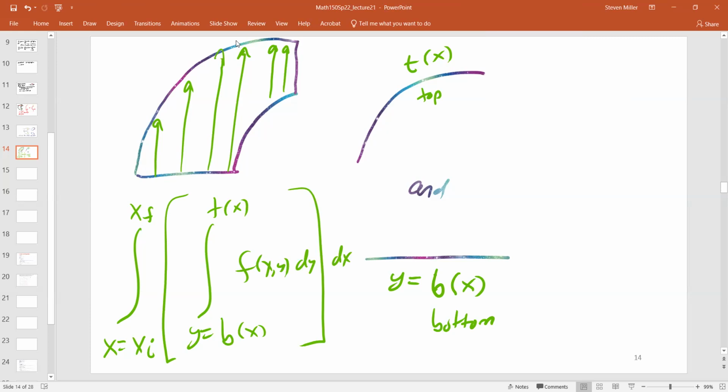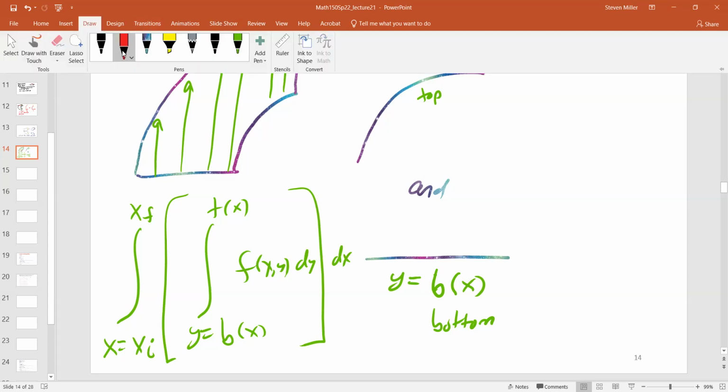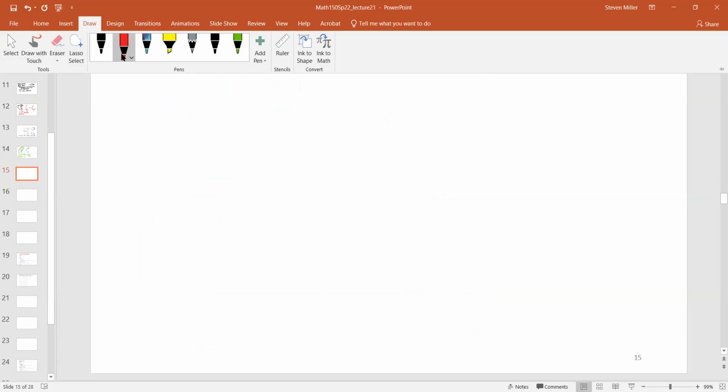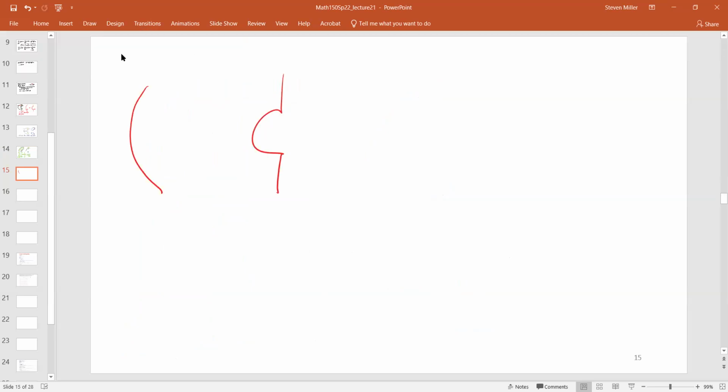And if we're using bottom and top when we're doing vertical, what should we use for the other one when we're doing it horizontally? Yeah, left and right. So if I have something like this, this would be left of y and right of y.